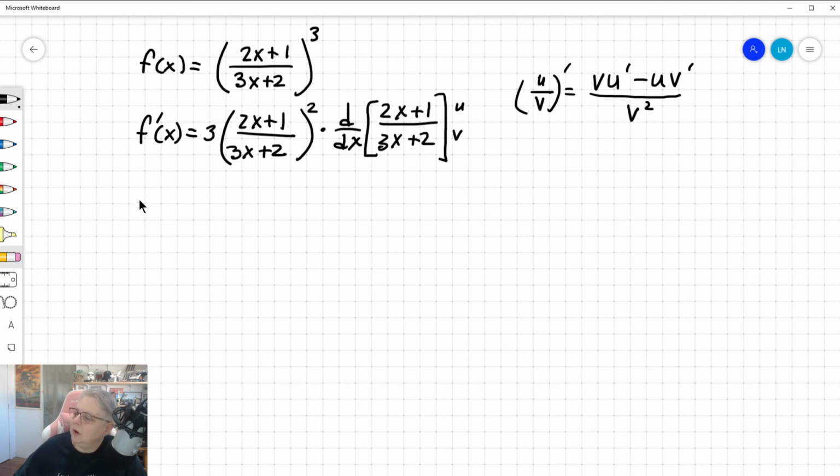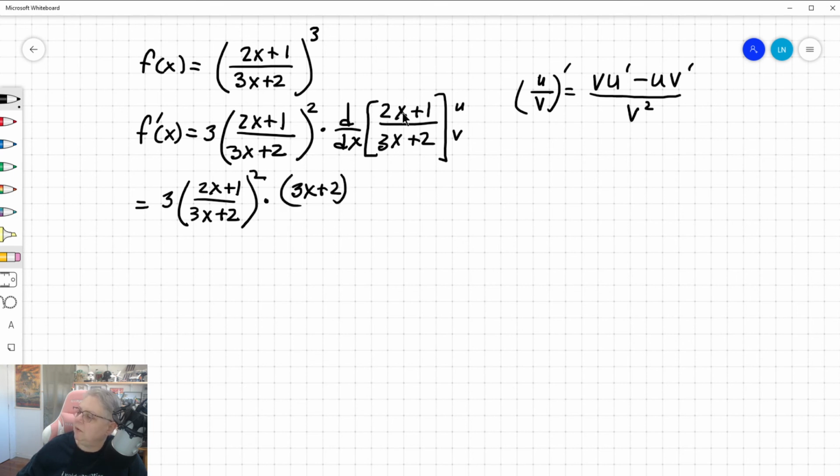So I have this, which is 3 times (2x plus 1) over (3x plus 2), squared, times, now I'm going to follow the pattern for the quotient rule. So I do the bottom, 3x plus 2, times the derivative of the top.